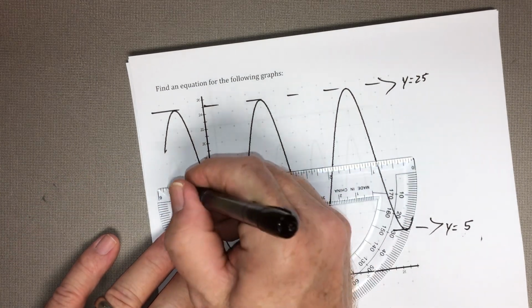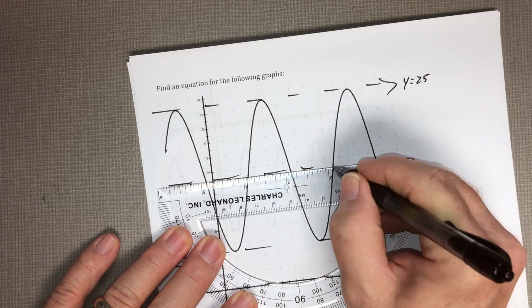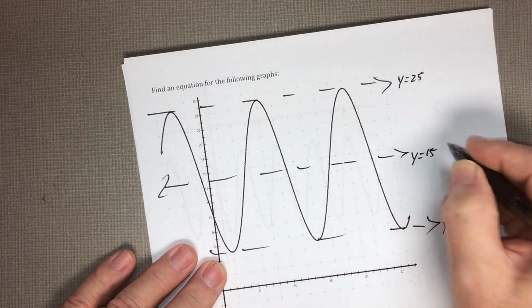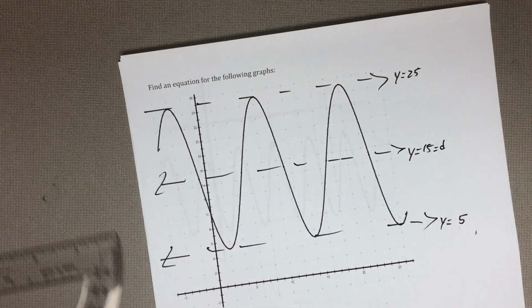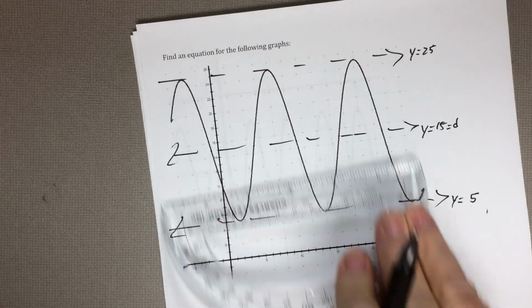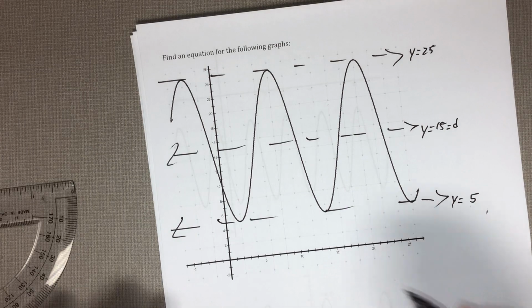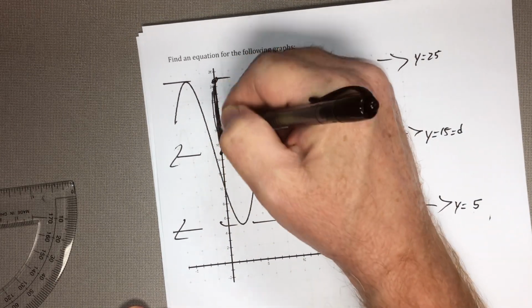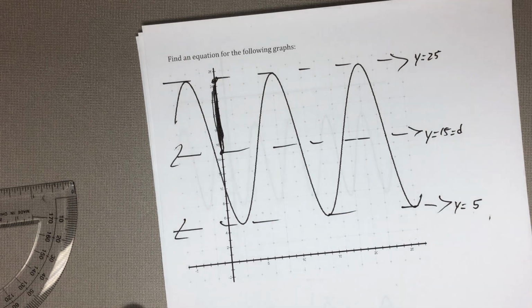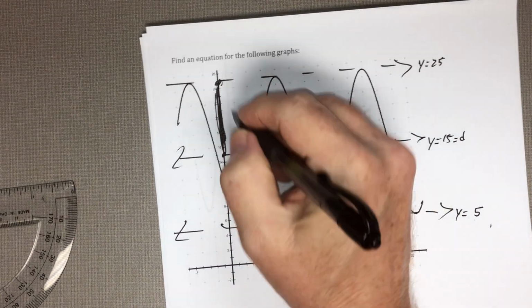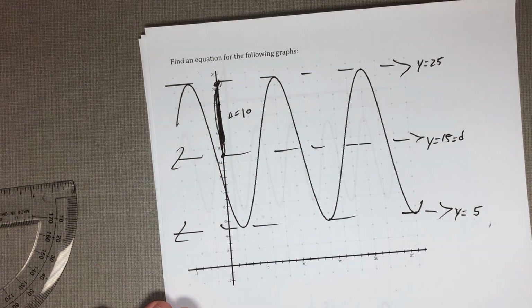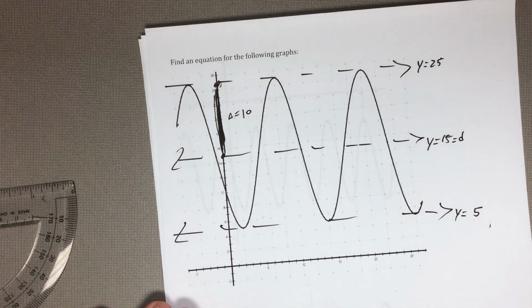By the way, that's also your d value, your translation up. And here's your amplitude. We found that amplitude a minute ago. Your amplitude is the distance between the maximum line and the middle, so that amplitude A could be equal to 10 or -10. You could do either one. I'm going to do 10.